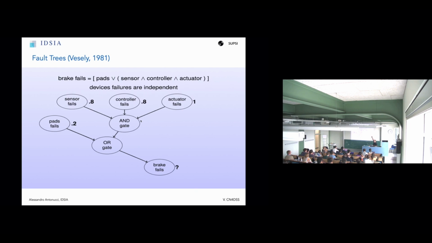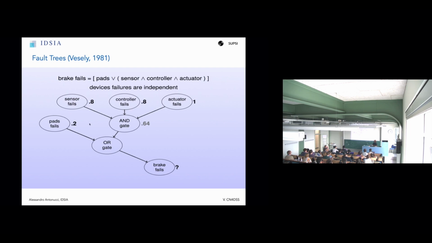But Bayesian networks can consider determinism as a special case, and credal networks, which are a further generalization, can also consider determinism as a special case. So for instance, the conjunction of three events with probability 0.8, 0.8, 1 is just the joint probability, 0.8 times 0.8, 0.64, times 1, 0.64. So you see, I'm propagating the probability. What about the disjunction between two events, one with probability 0.2 and one with probability 0.64?